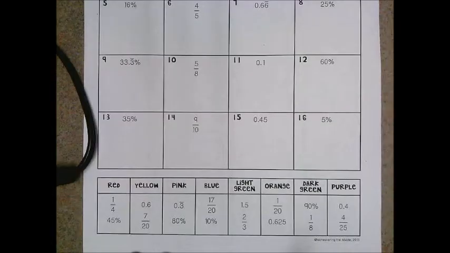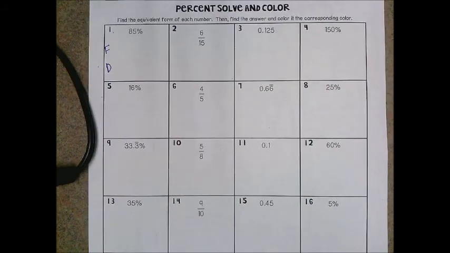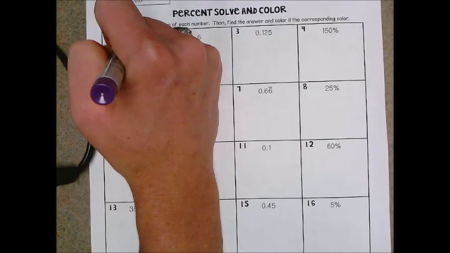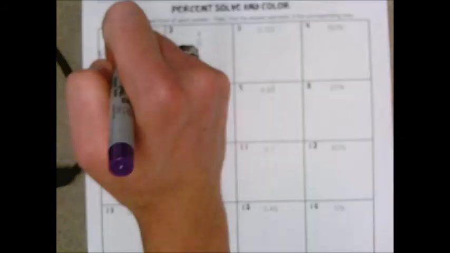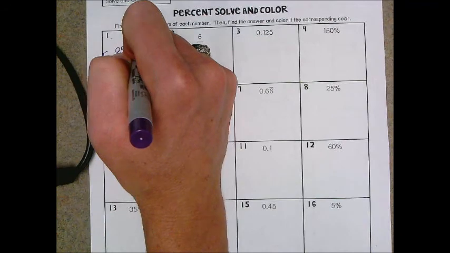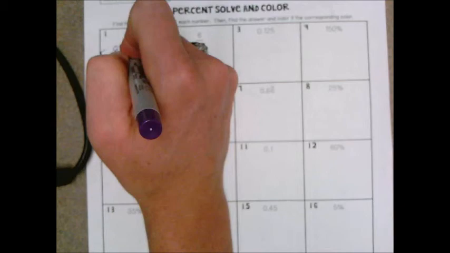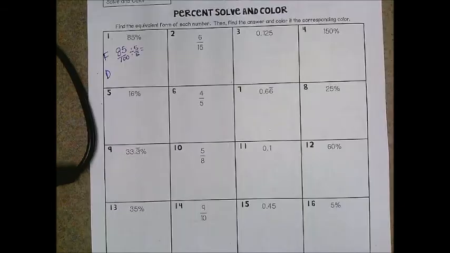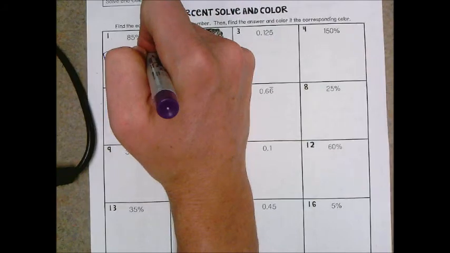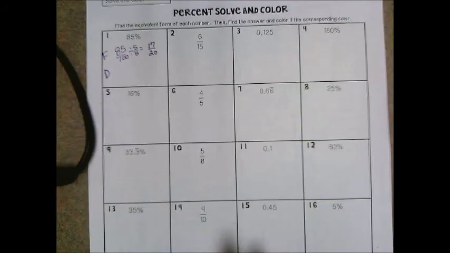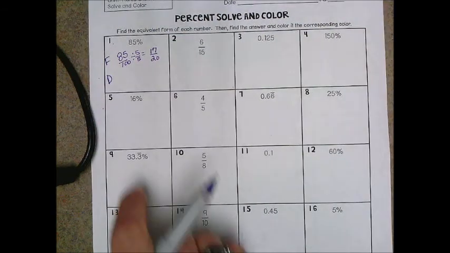Okay, so for instance, we have 85% is also 85 over 100. I know that I can simplify both by 5. 85 hundredths is equivalent to 17 twentieths. But since I'm not sure which one is listed down at the bottom, I have to do both fraction and decimal. 85%, I'm moving it to a decimal.